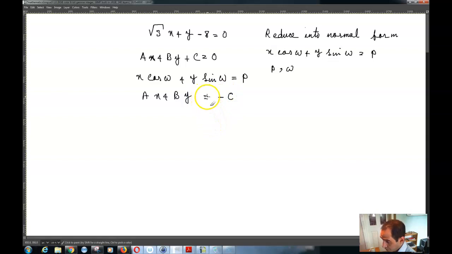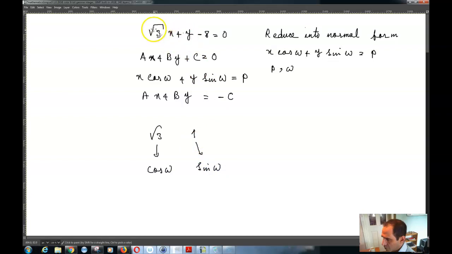As you can see over here, you have a negative square root of 3 and you have a 1, and these two are supposed to be cos omega and some sine omega.